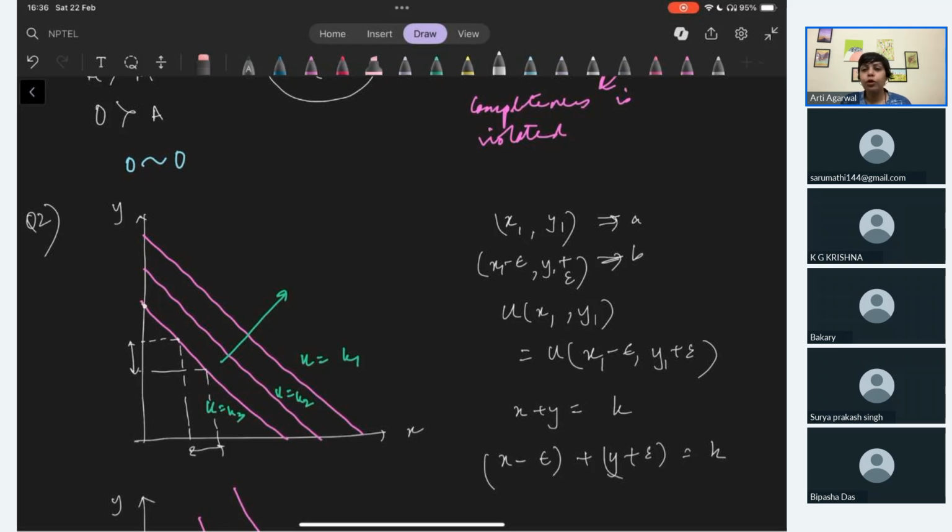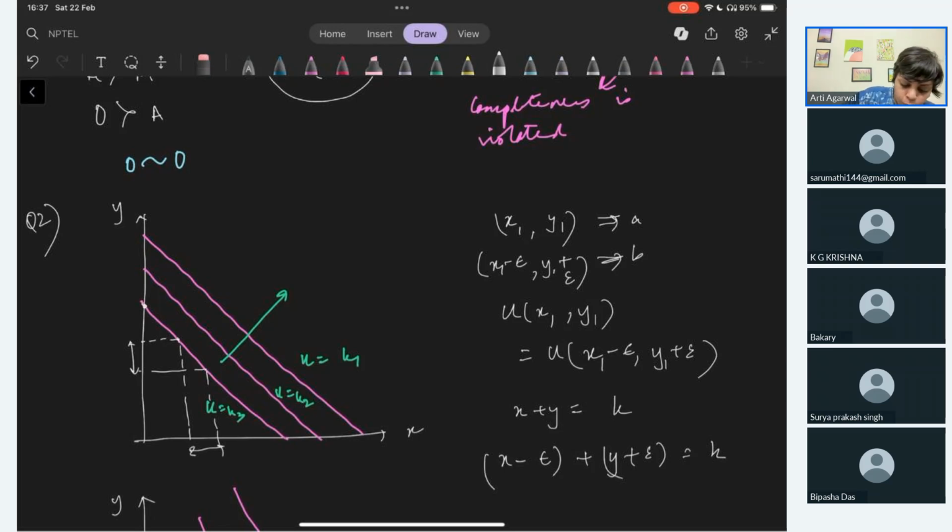So whether you have too much of one good or too little of the other or a combination, they're indifferent between that. So you wouldn't strictly call it convex, but if you say that this is convex because the line segment is still falling on the same line, you would probably still get marks for it. I don't know, depends on the teacher.